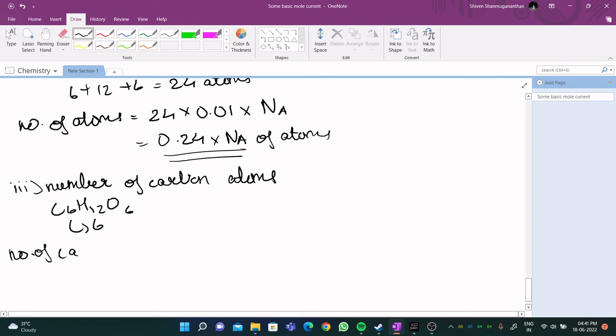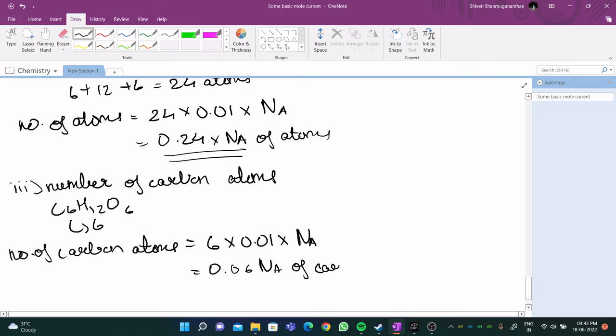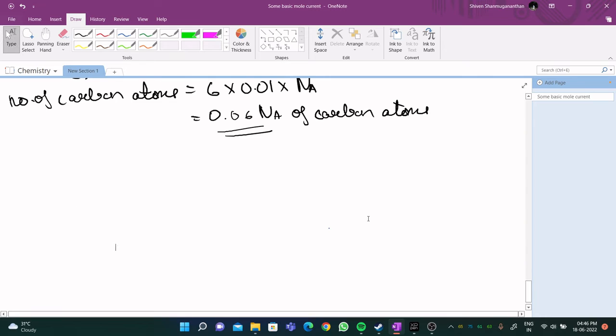Number of carbon atoms is equal to 6 into 0.01 moles into Avogadro's number, which is 0.06 Avogadro's number of carbon atoms. That is pretty simple as well.